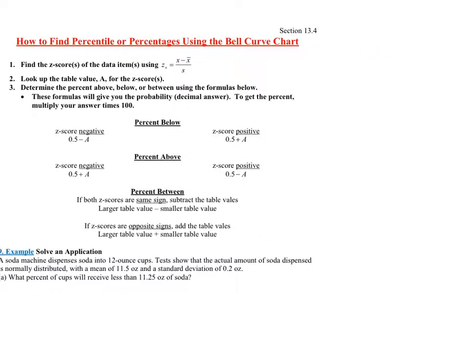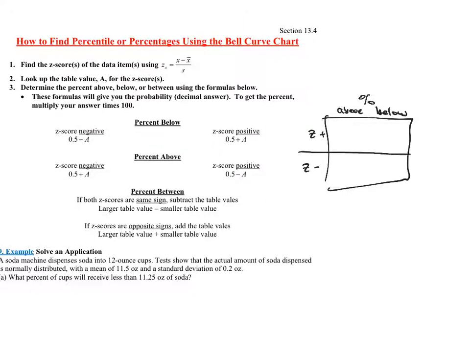If you're another visual person, here's your z-score and here's your percent. So if they want to know the percent above versus below, if they have a z-score that is positive or negative, you could use this chart right here. If the z-score is positive and they want to know the percent above, you're going to do 0.5 minus a.